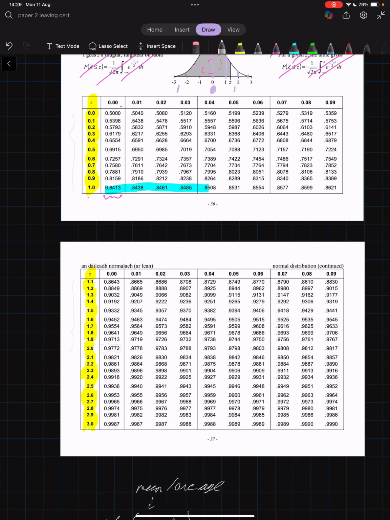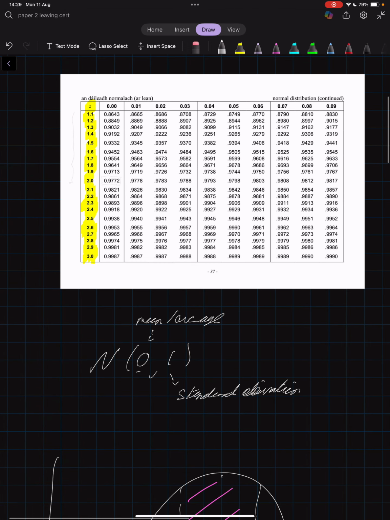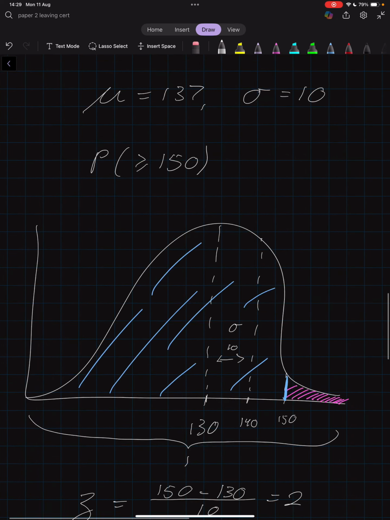Why do you think that is? Again, pause the video if you want. The graph is symmetric, which means you only have to be given the right side to know what the left-hand side is. So instead of minus 3, I can get plus 3. So plus 3 is going to be 0.9987.